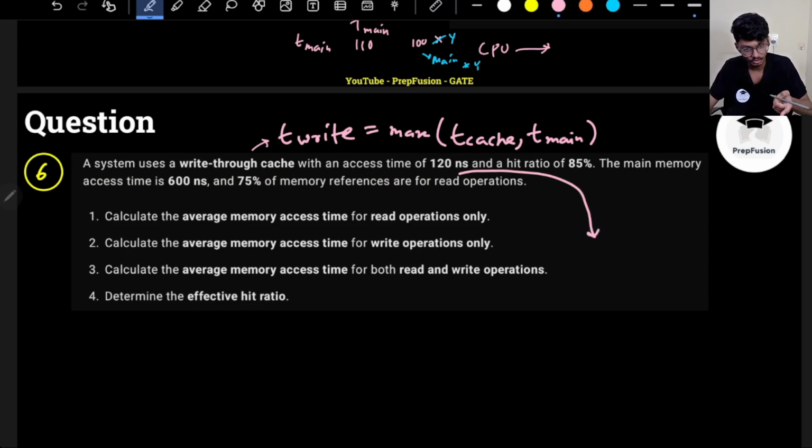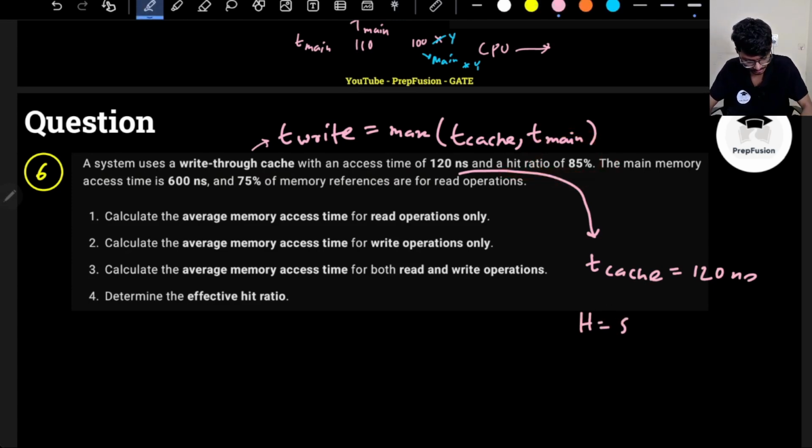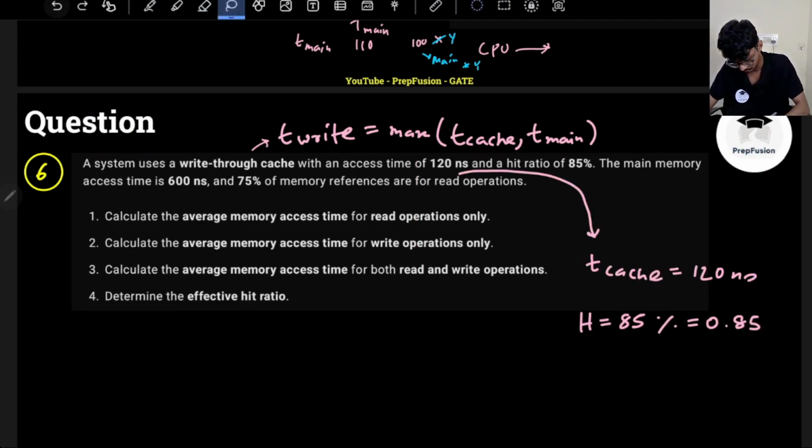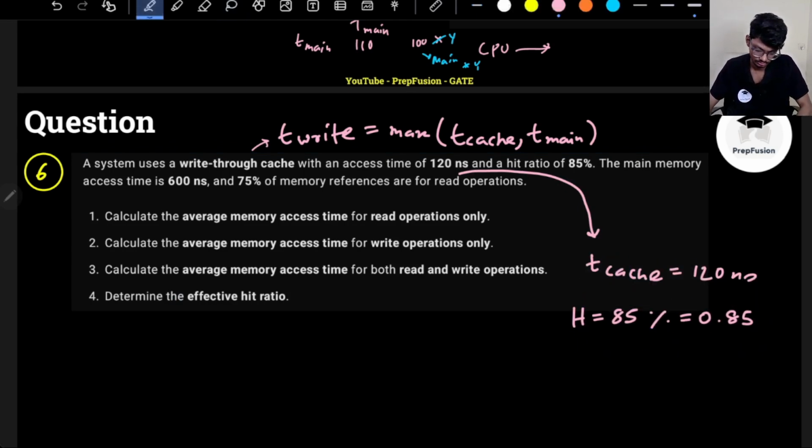So T cache equals 120 nanoseconds, and the hit ratio H equals 85%, which equals 0.85. So the hit ratio will be 0.85.